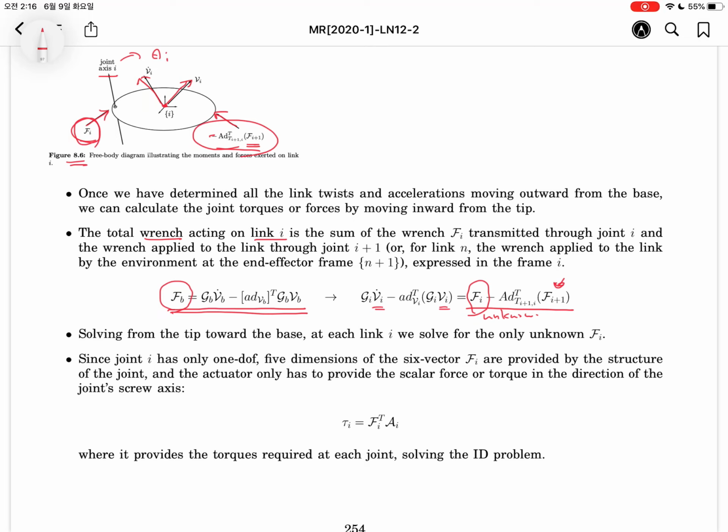As you can see here, the only unknown is F_i. And the inner product of F_i and A_i will generate the rotational torque. So the torque can be obtained by projecting the wrench F_i onto the screw axis, and this value can be obtained from the inner product.